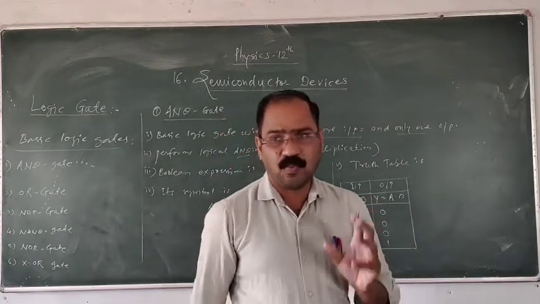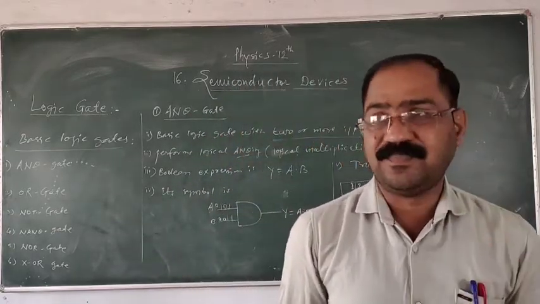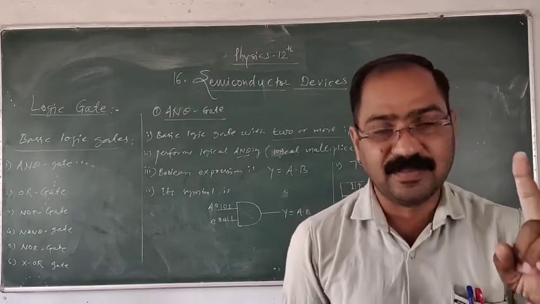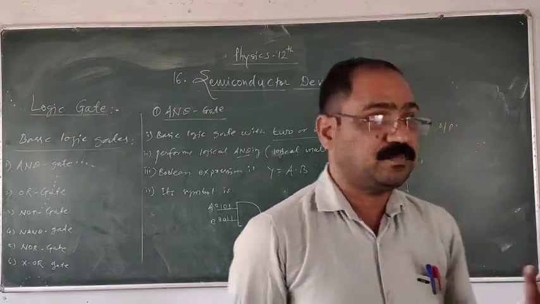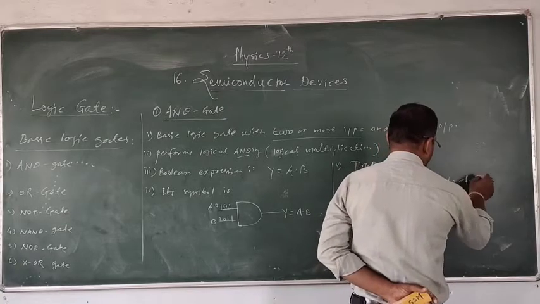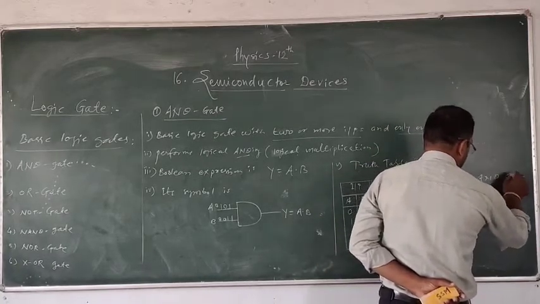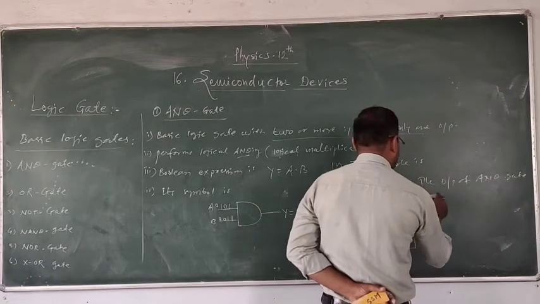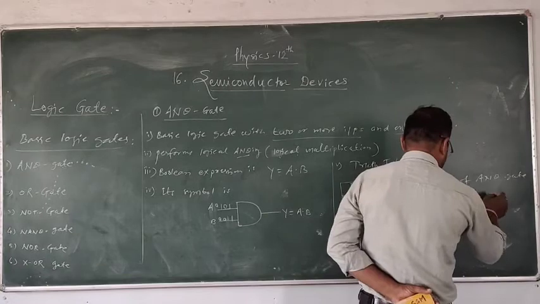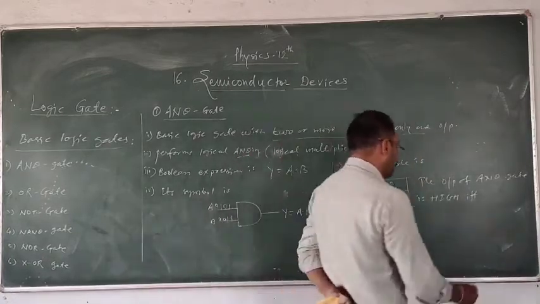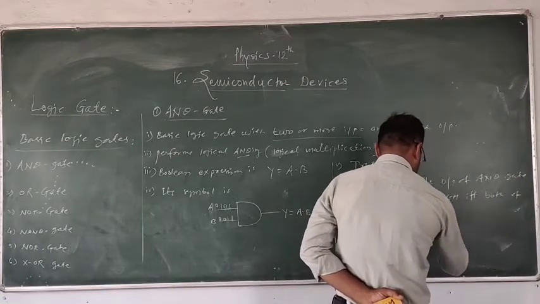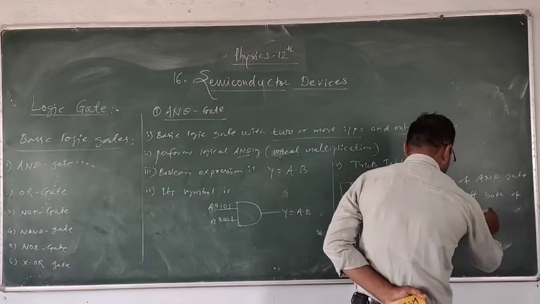Here, the output of the AND gate is high only when both of its inputs are at logic level 1, or at the high inputs. The output of the AND gate is high if and only if both of its inputs are high.